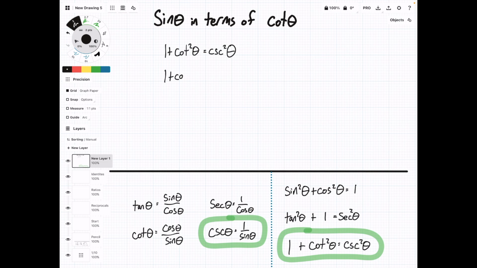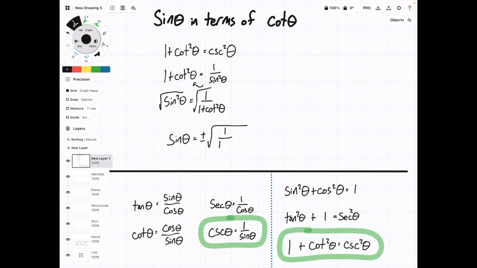So 1 plus cotangent squared theta equals 1 over sine squared theta. Then we will get sine squared by itself on one side by multiplying across and dividing by 1 plus cotangent squared theta. Then we will take the square root of both sides, which leaves plus or minus the square root of 1 over 1 plus cotangent squared theta. And we're going to leave this as our final answer.